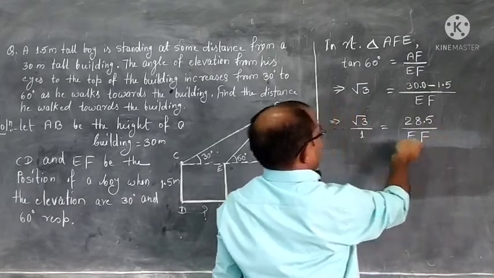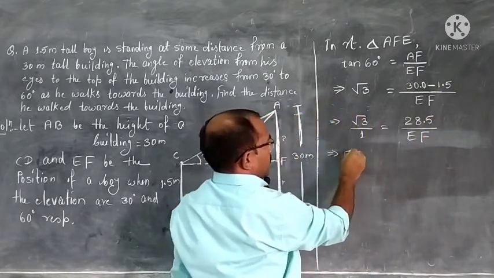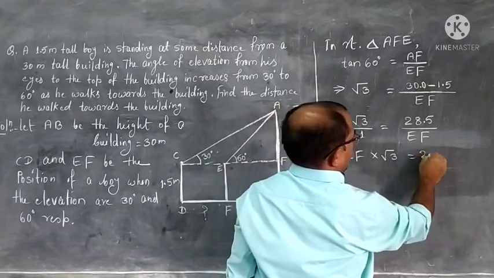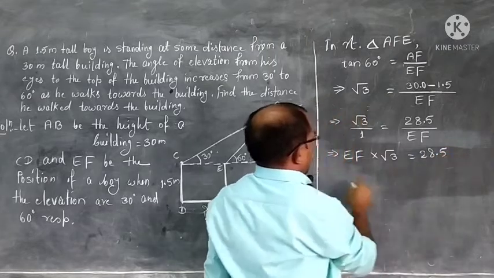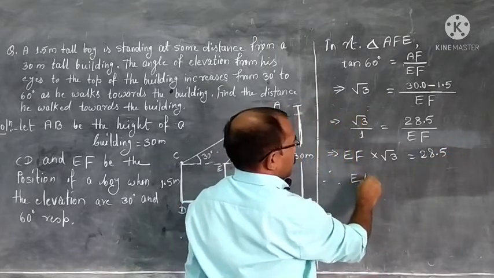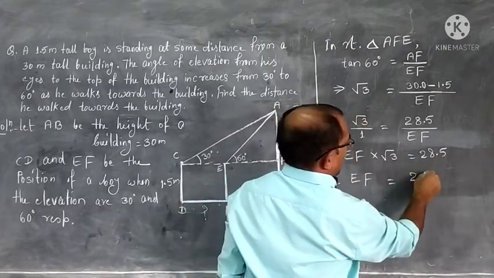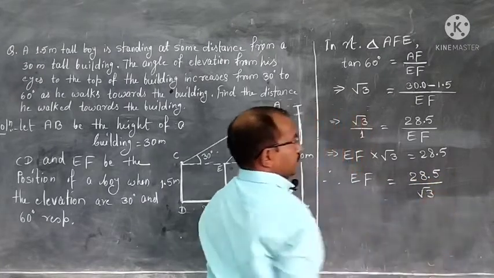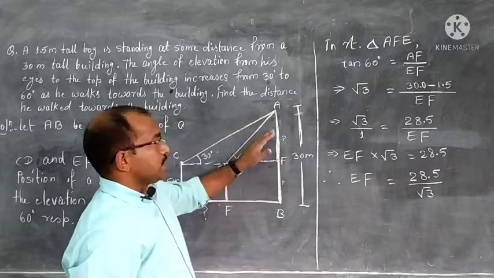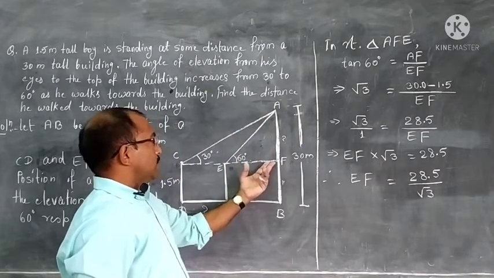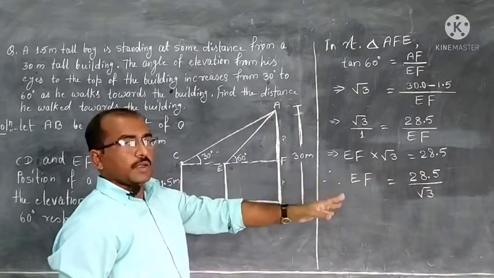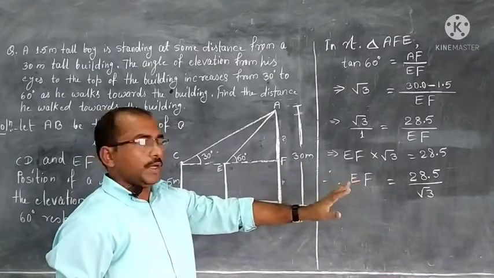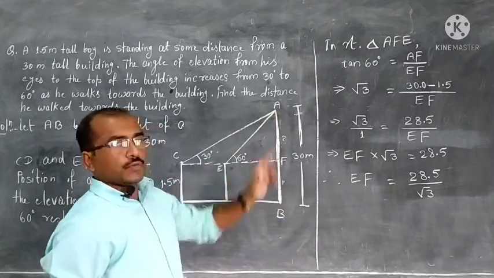We do cross multiplication, we get EF into root 3 is equal to 28.5 and EF will be equal to 28.5 by root 3. So, in the first right triangle we have found EF is 28.5 by root 3. We can do rationalization work, but we will wait. We will see now in another triangle what we get.